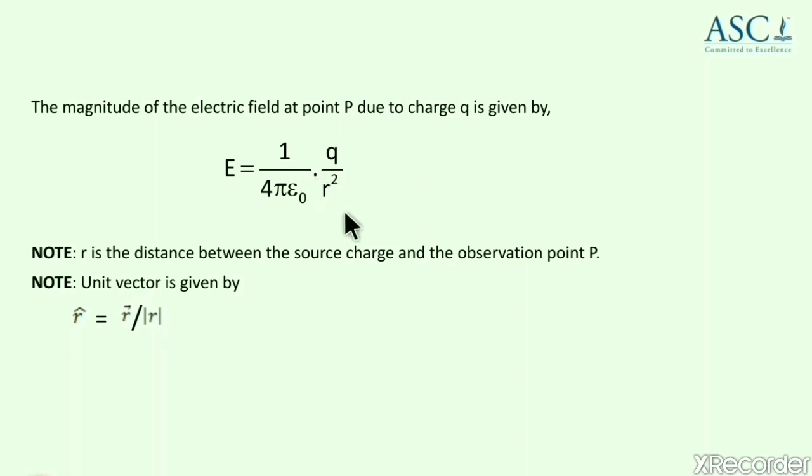You can directly substitute and find the magnitude of E. Here in the note I have mentioned what R actually is, because earlier I had not mentioned it. R is the distance between the source charge and the observation point P. And here also the same note applies for the purpose of using it in place of R cap. Now this is all about the 2 to 3 mark derivation, electric field due to an isolated point charge.